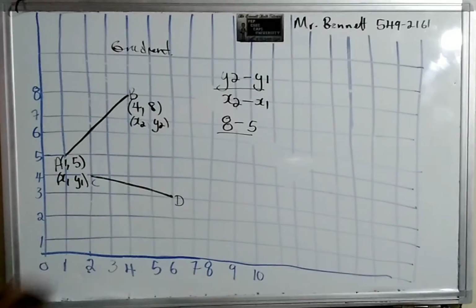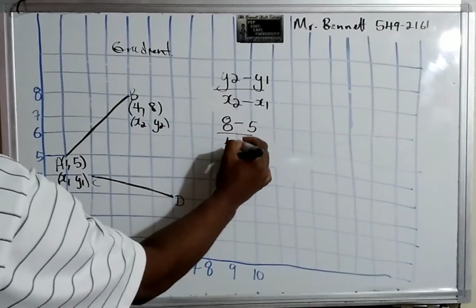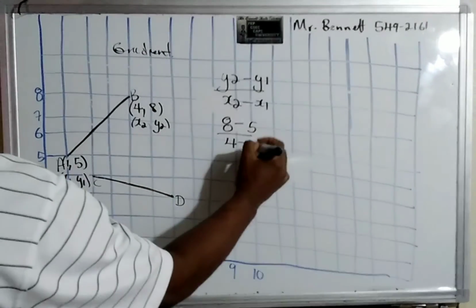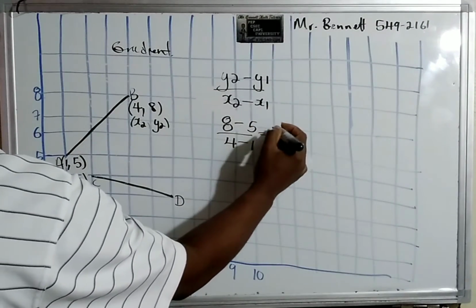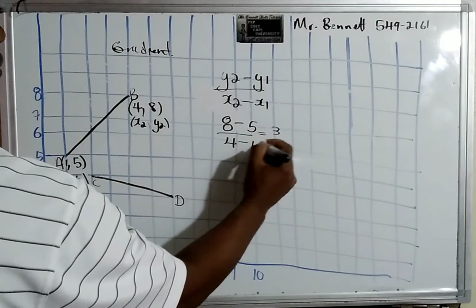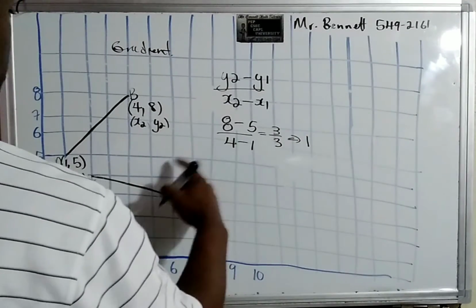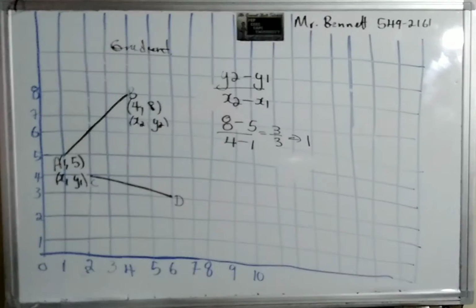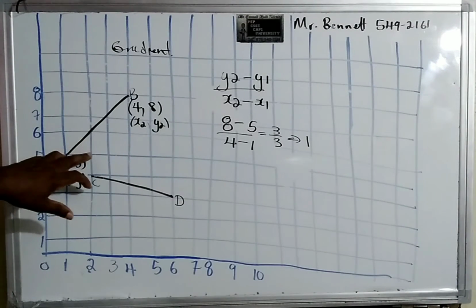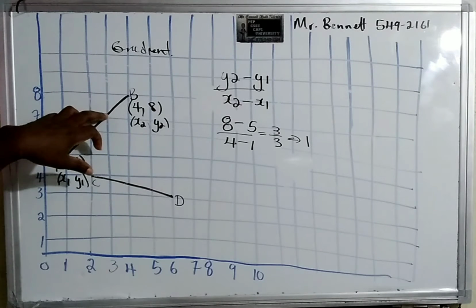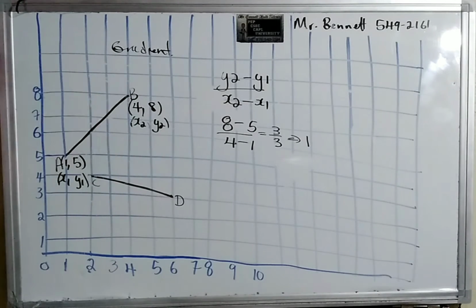Now we'll focus on the x. x2 is 4, so it will be 4 minus 1. We can just type 8 minus 5 is 3, 4 minus 1 is 3, so the gradient of AB is 1. So what it means is, for every 1 x you go across, you go up 1 y. You see that? 1 x, 1 y, 1 x, 1 y. So that is basically the gradient.